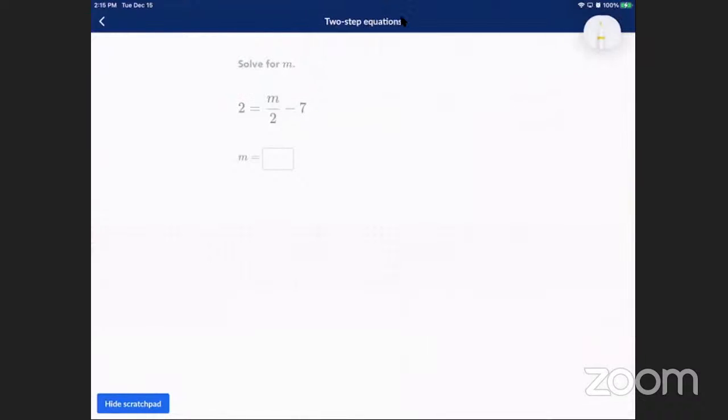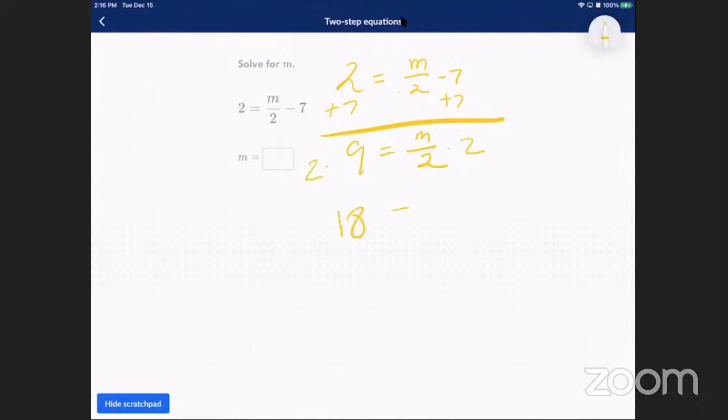Okay. So you have here m over 2 minus 7 equals 2. This is something that we had before. We just start here with m over 2 minus 7 equals 2. Multiply 2 on both sides, we end up with 18. We end up with just m. Then we can try to plug this m in here.